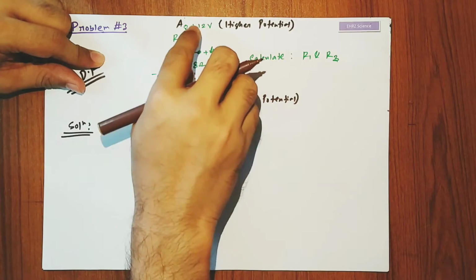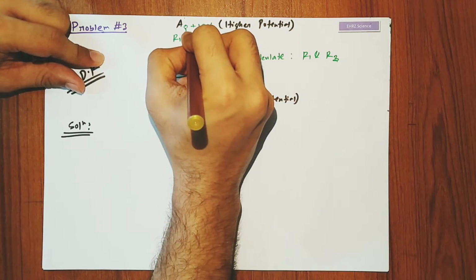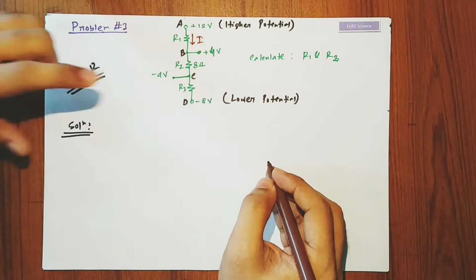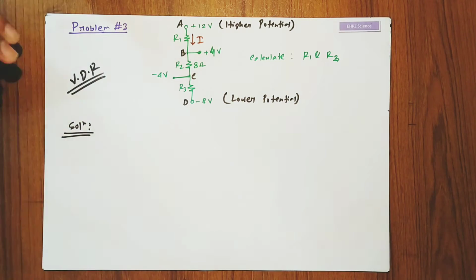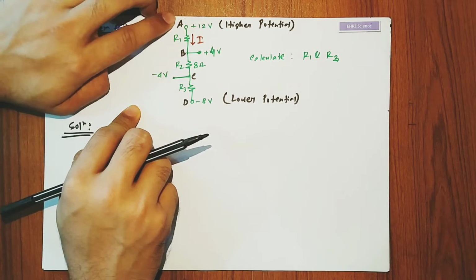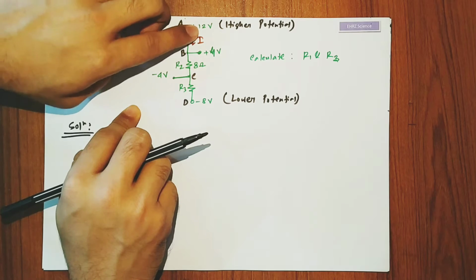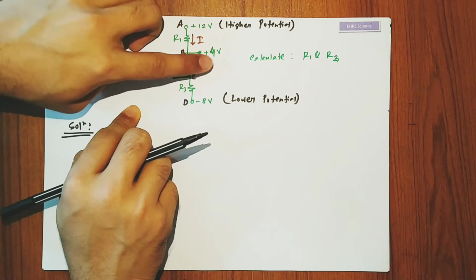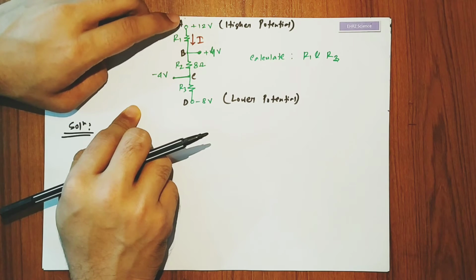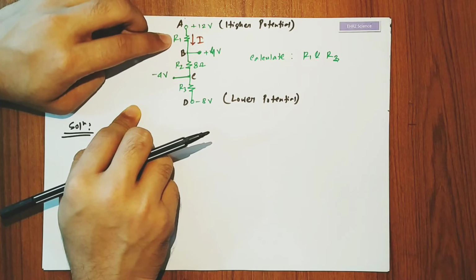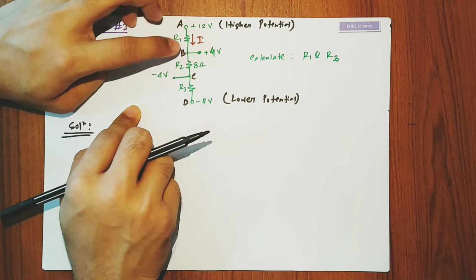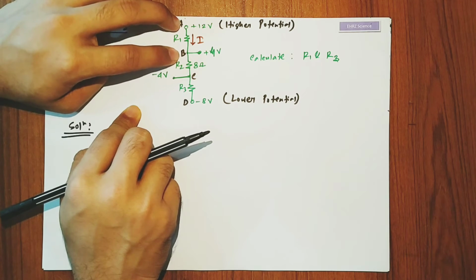Suppose the current I is flowing from point A to D. What is the value of I, students? From these two points A and B, we know that A is at higher potential and B is at lower potential, so we know the potential difference between A and B, but we do not know the value of resistance R1, so we cannot calculate I from this branch.